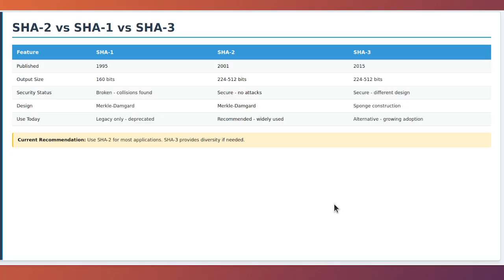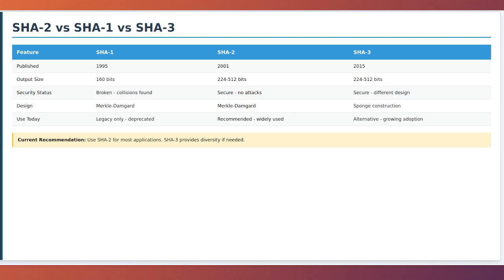This collision attack does not mean SHA-1 is completely broken, but it is no longer suitable for security-critical applications like digital signatures and certificates. Major web browsers stopped accepting SHA-1 certificates, and Git is migrating away from it. SHA-1's weakness motivated the development and adoption of SHA-2.